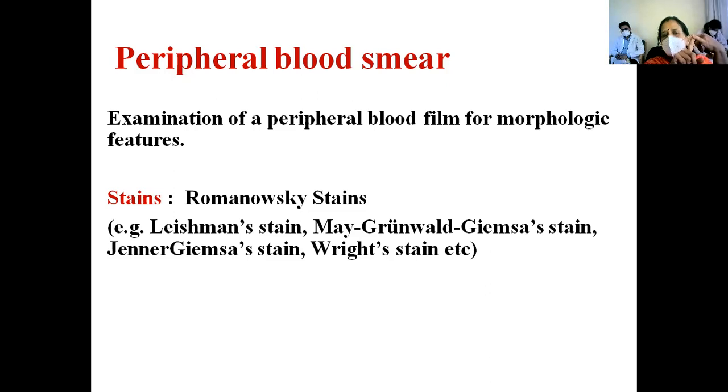Yes. So we have combinations to compensate for all this. There are stains which are combined, so they are called panoptic, you can say. So May-Grünwald Giemsa stain. This is the favorite stain for cytologists. May-Grünwald Giemsa is called MGG stain, or Jenner Giemsa.